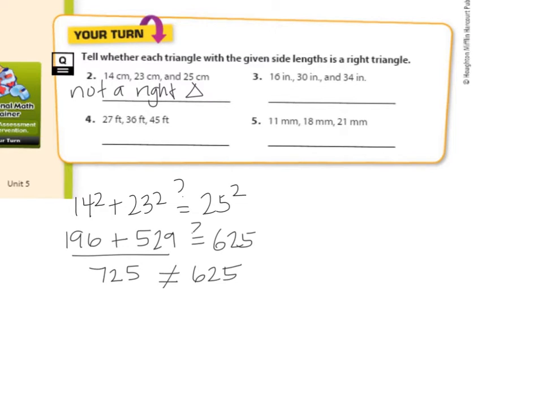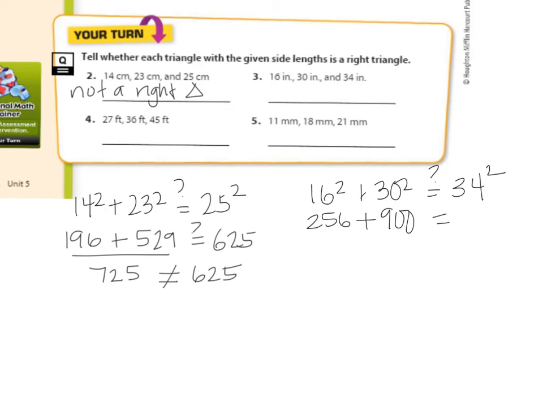We've got 16 squared plus 30 squared maybe equals 34 squared. So 16 squared is 16 times 16, which is 256, plus 30 squared, which is 30 times 30, which is 900.